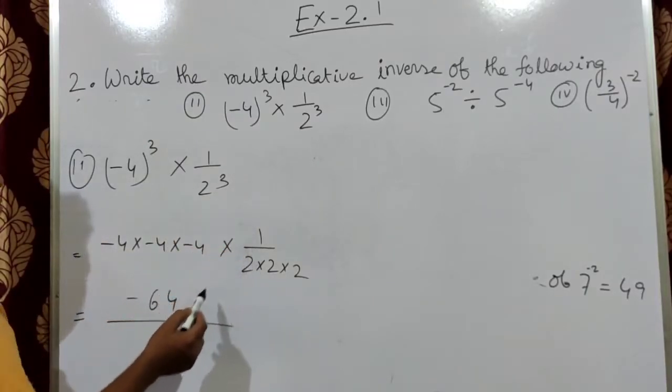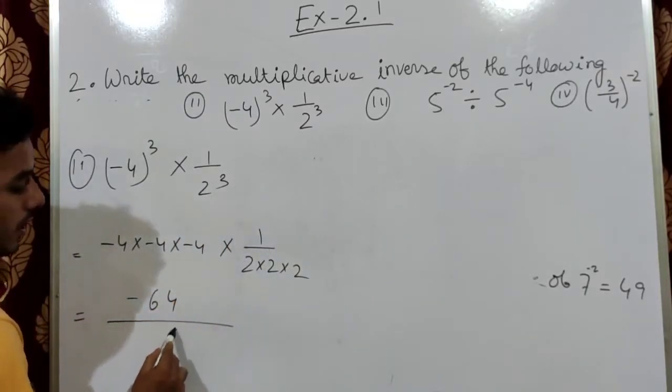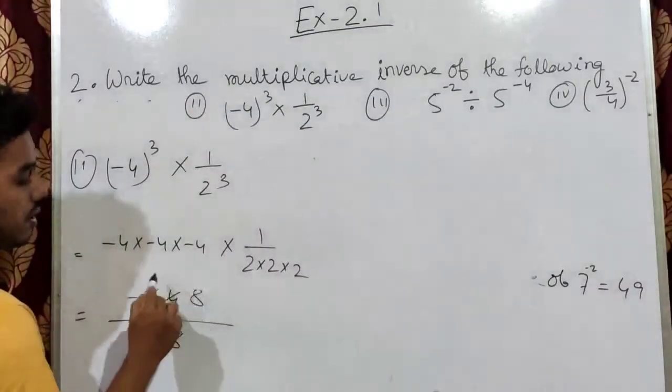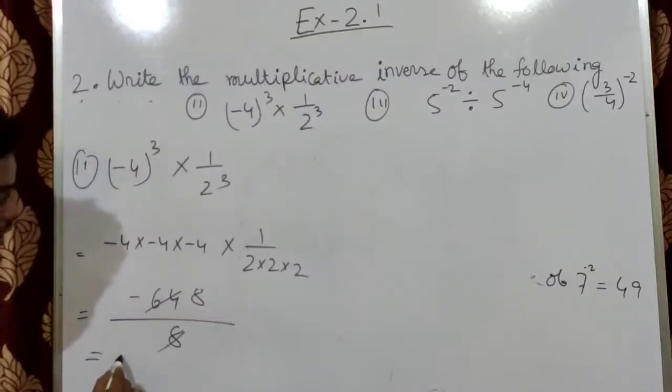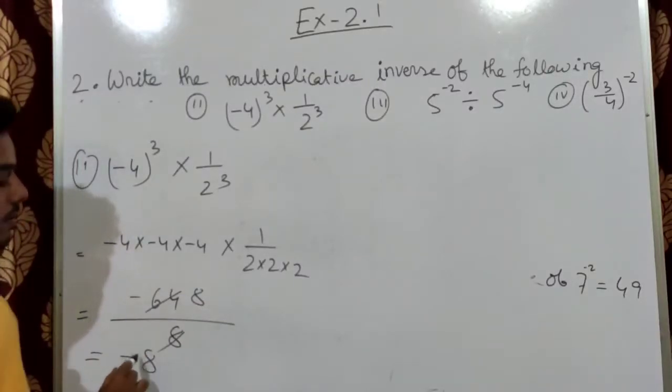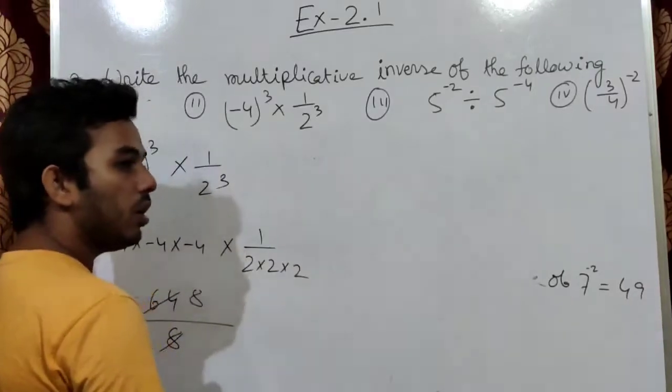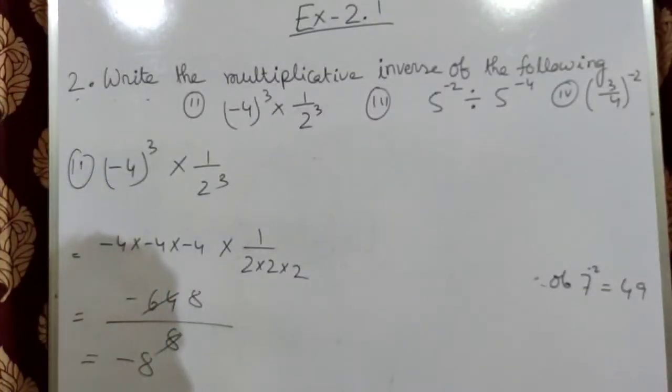Now 2^3 means 8, and we know 8 × 8 is 64, so the required number is -8. Clear? Now we have to find the multiplicative inverse of -8. The reciprocal of -8 will be 1 by -8, so that will be our required answer.